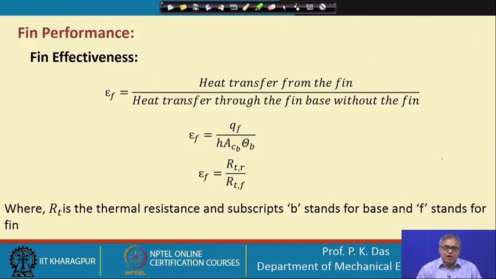So, everywhere our cross section is constant. Even then we are getting a complex equation. But if the fin geometry is more complex, all these simplicities are not there, and we can imagine that the equation will not be easy to remember or easy to handle.